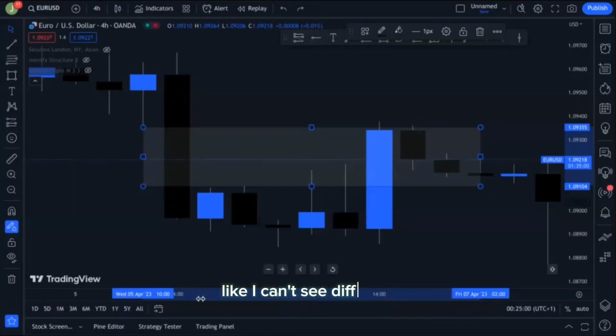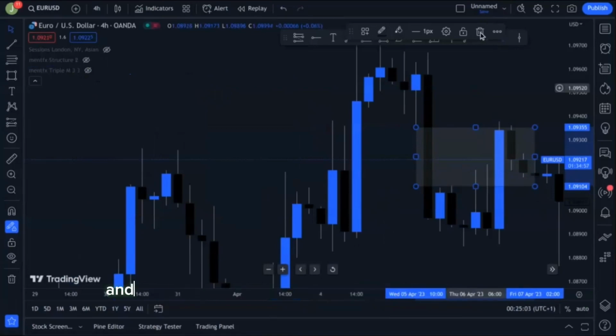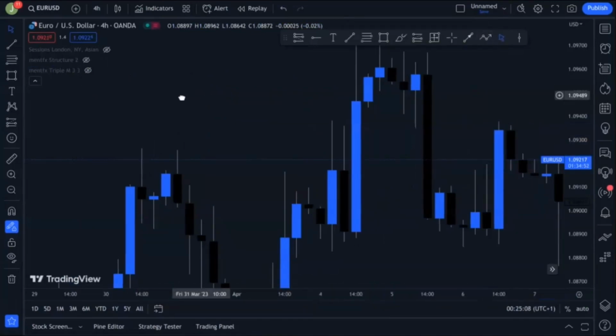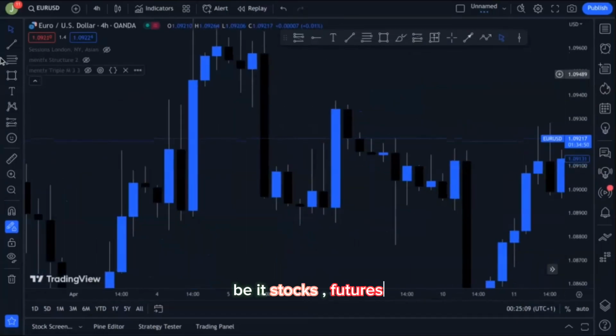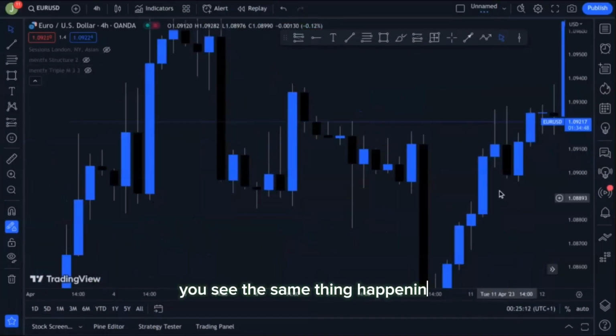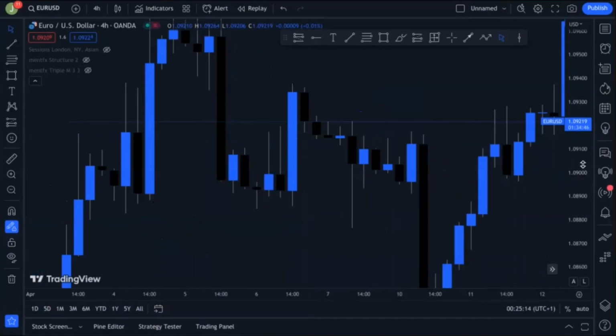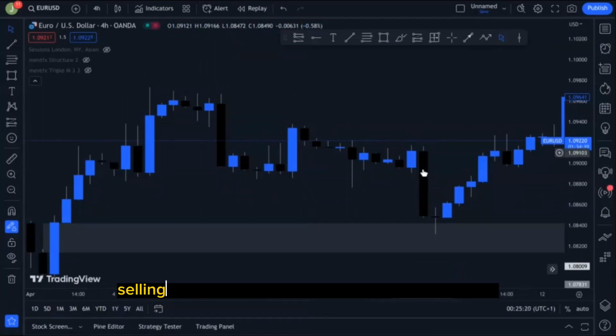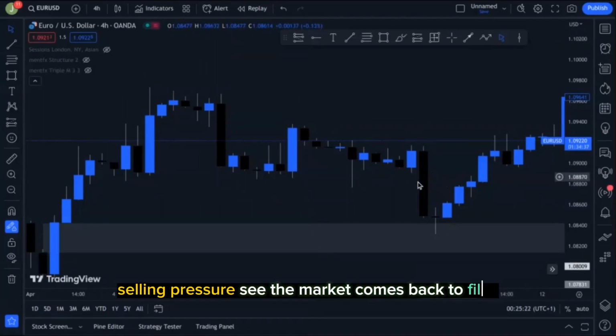I can give you many examples just on this chart, and it happens on different time frames, different assets, be it stocks, futures. You see the same thing happening. We see this imbalance created here, selling pressure. You see the market comes back to fill it.